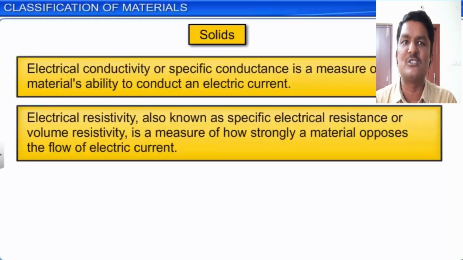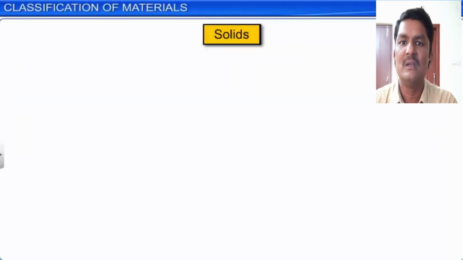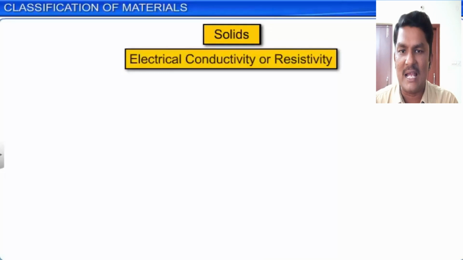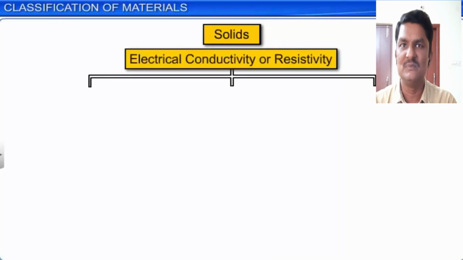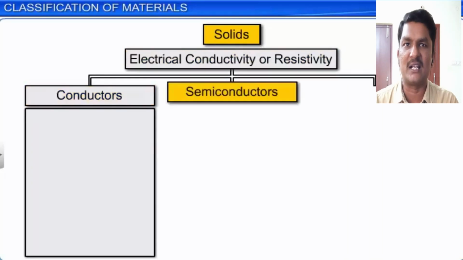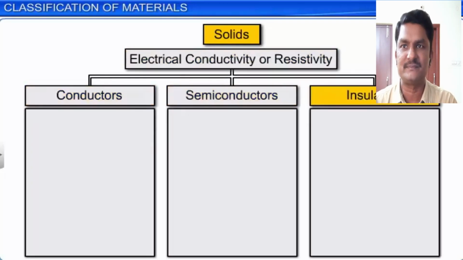Electric resistivity is also known as specific electrical resistance or volume resistivity. On the basis of electrical conduction, solids are classified into three categories: conductors, semiconductors and insulators.